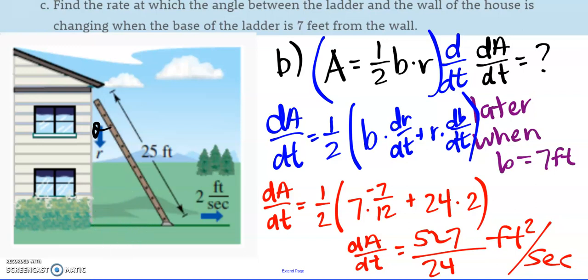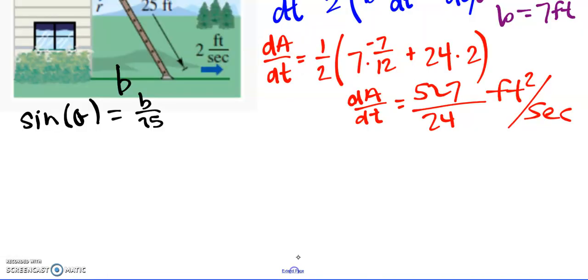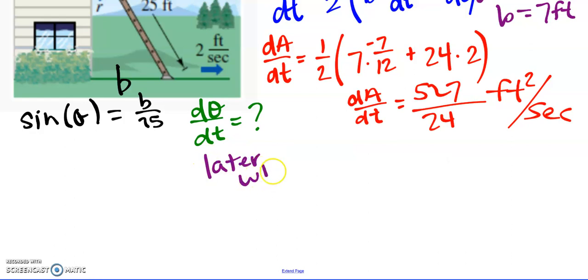So I need to relate theta and B for base. What relates theta, B, and 25? That's going to be the sine of theta equals B over 25. And I am looking for d theta/dt equals question mark, later, when B equals 7 again.